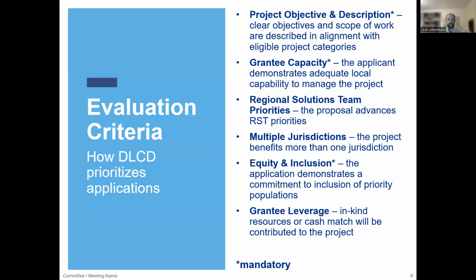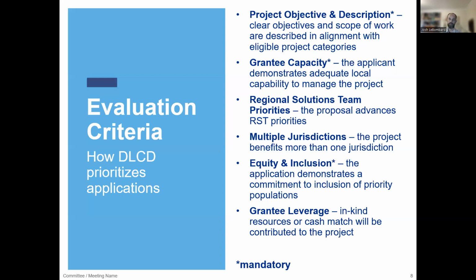We're also going to look at how or whether multiple jurisdictions could be benefited from the type of project that you're submitting. I should have said this earlier, but when you're looking at how you are meeting priorities, those priorities 1 through 5 in the application process, you can check multiple boxes.